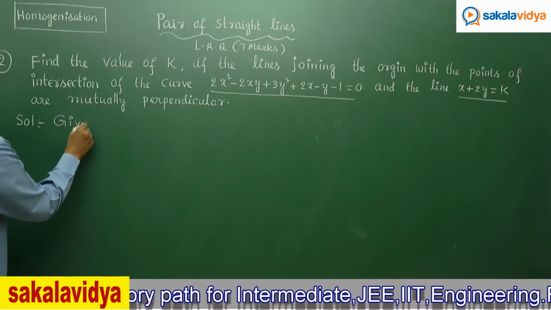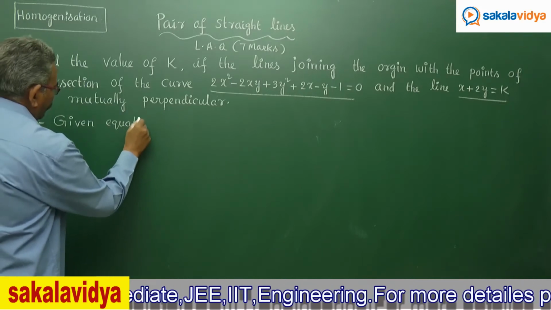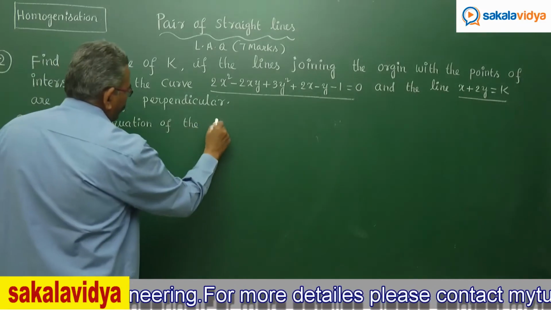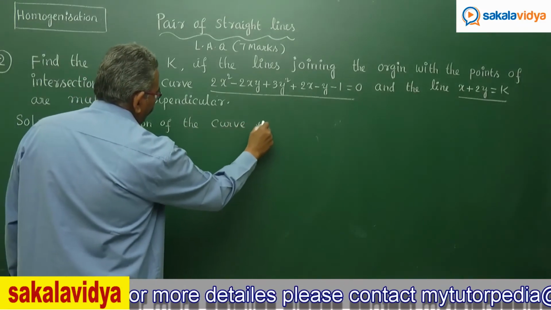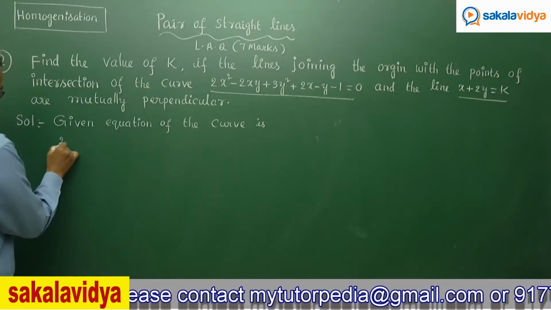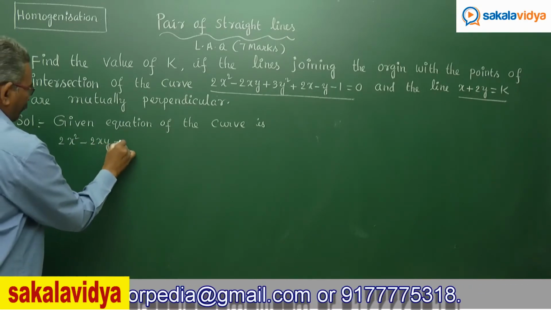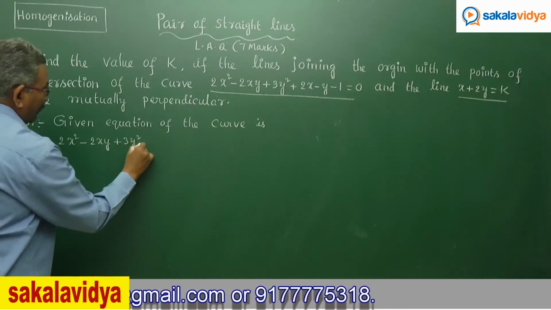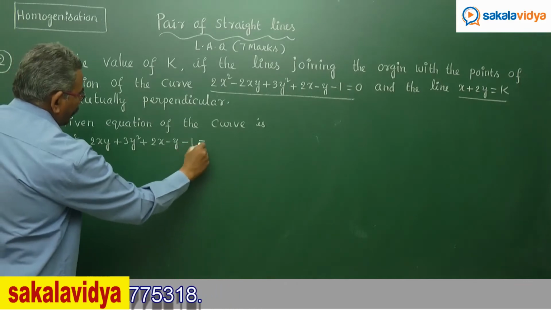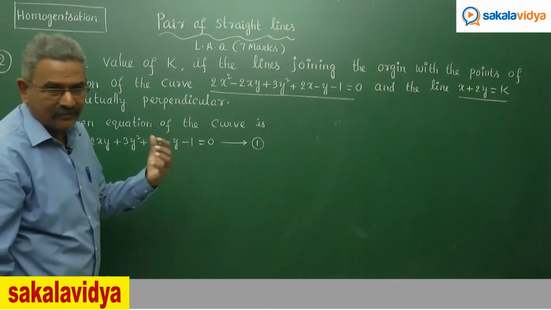Given equation of the curve is 2x square minus 2xy plus 3y square plus 2x minus y minus 1 equals to 0. Say equation 1, this is for our convenience.